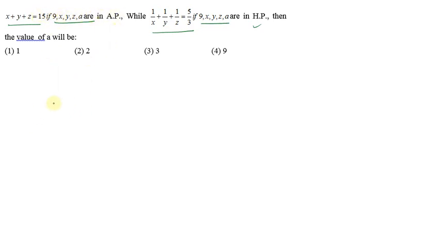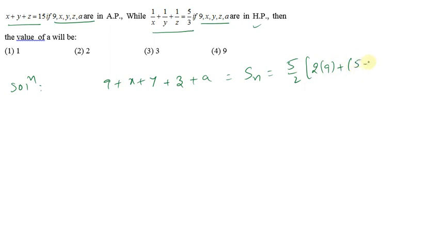They are in AP. So let me calculate the sum of all the terms: 9 plus x plus y plus z plus a. So the sum of n terms is Sn. Here n is equal to 5. Why? Because there are 5 terms given. 5 by 2 into a plus n minus 1 into d.